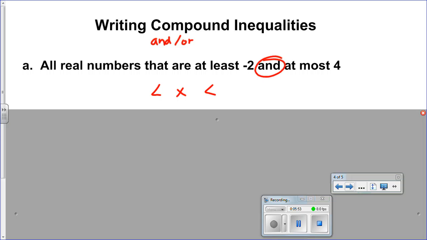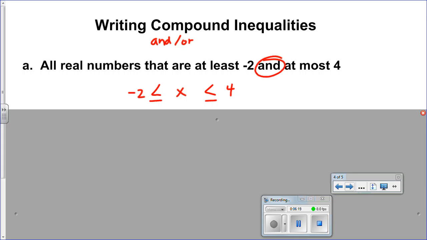Alright, so x is my real number, and I want them to be at least -2, so x needs to be greater than or equal to, because at least means you could be -2, and at most 4, so x needs to be between -2 and 4, at most would be equal to as well.